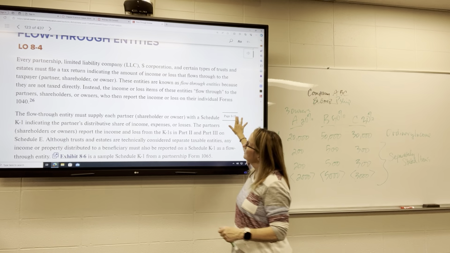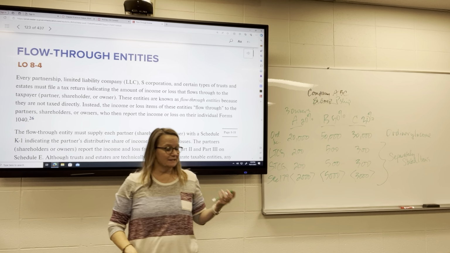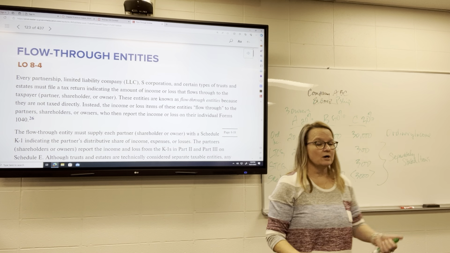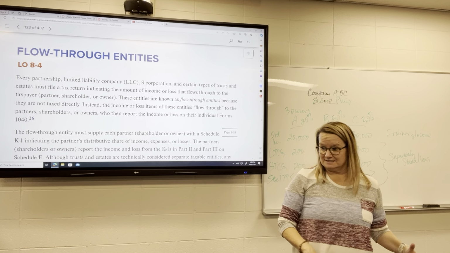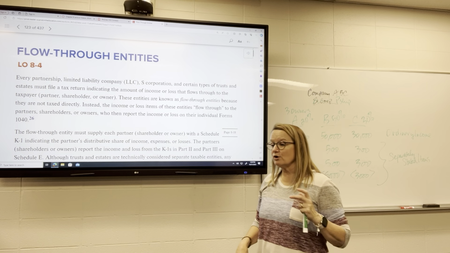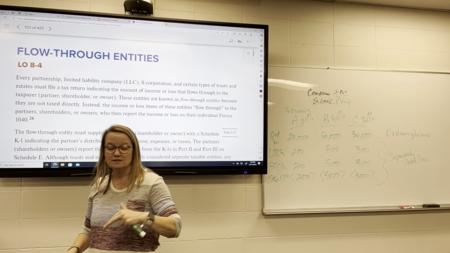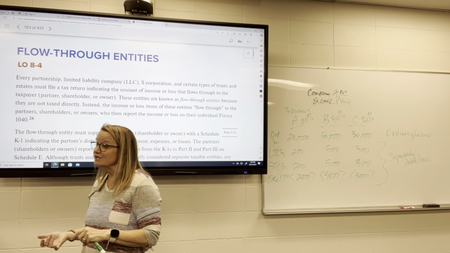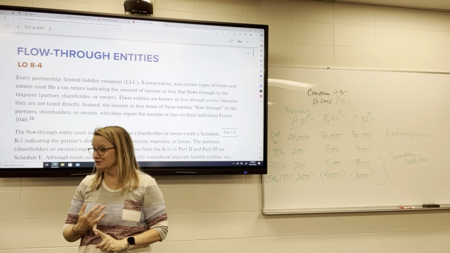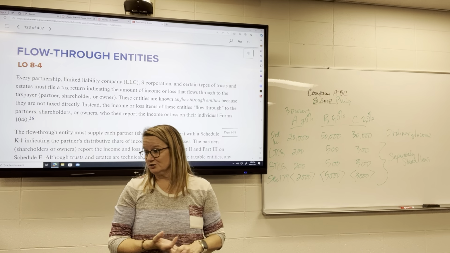Now, your book also mentions limited liability companies. Limited liability companies are legal entities, they are not tax entities. They are organized by the state in which the company resides. An LLC could be a sole proprietorship, it could be a partnership, it could be an S corporation.